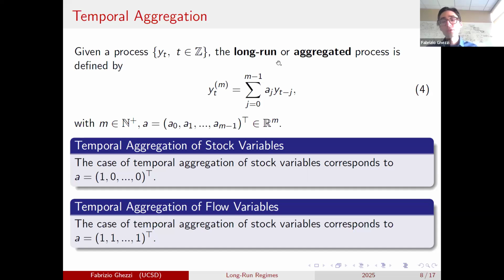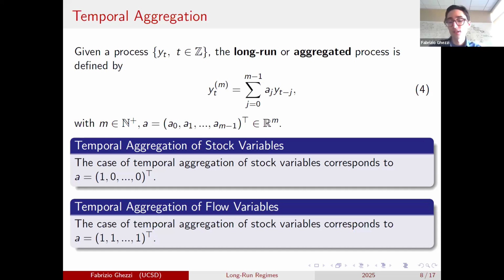So if you have some process like log returns, then you get this clear link that the long run is just the sum of what happens during the short run. But if you have different kinds of processes, then the long run is just a snapshot of the short run. For example, if you think about prices, which are stock quantities, then prices do not aggregate over the long run as returns do, because returns are flow variables.